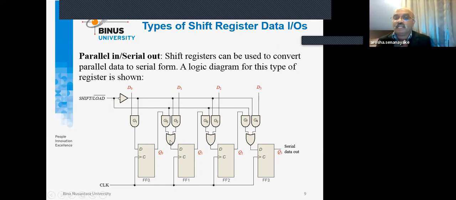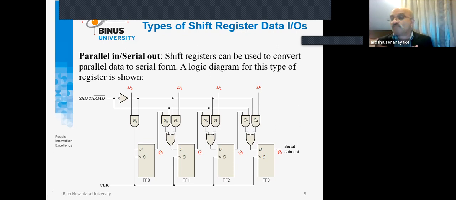Together with the data we have here in Q1, this is also 1, and likewise it will be moved by the shift. I hope you understand. The clock is synchronous, connected to all D-type flip-flops simultaneously.